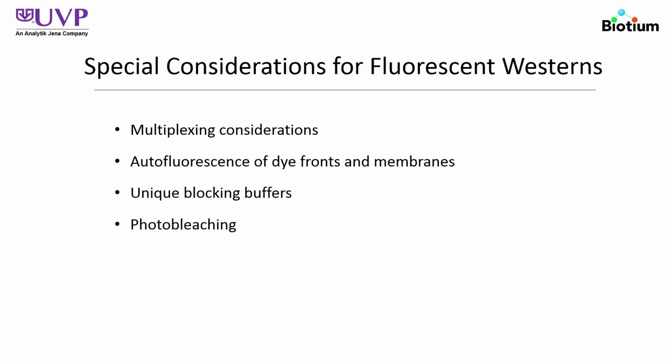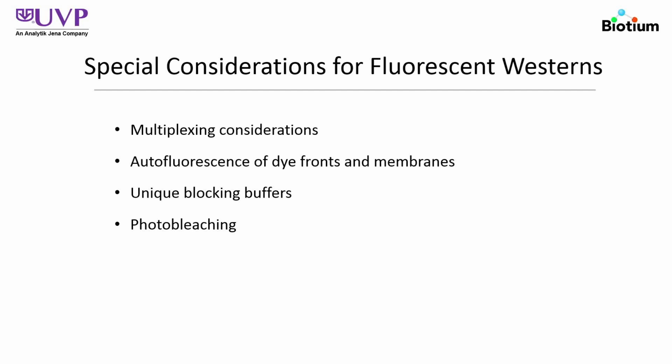While biological samples have very low fluorescence in the near-infrared region, some commonly used Western blotting reagents do have high fluorescence. Loading dyes, in particular blue loading dyes that are used when loading polyacrylamide gels, can cause significant interference. So it's recommended to use a dye that doesn't have infrared fluorescence as your loading dye, orange G being a common one.